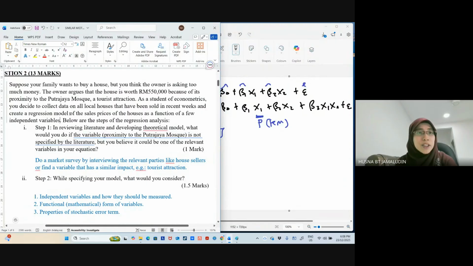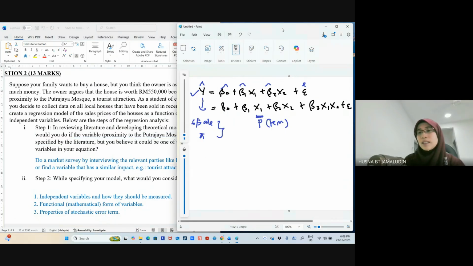You want to create a regression model of the sales price of a house as a function of a few independent variables. So the price of the house, or sales price, is a function of a few things. Let me just write it here, using a different color. So the price of the house is a function of a few variables.